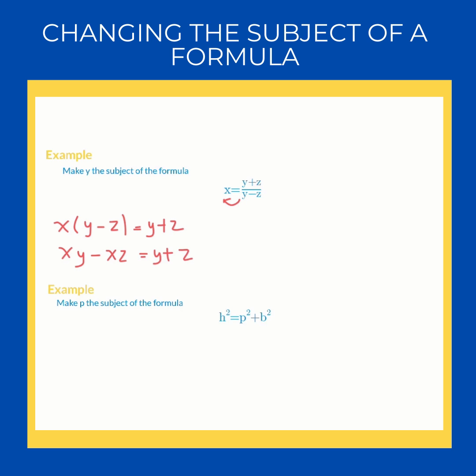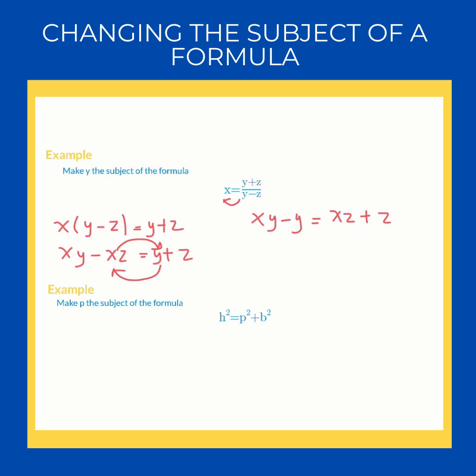Now to make y the subject, I'm putting all the y's on the left hand side of my equation. So I will move y to the left hand side and negative xz to the right hand side. So I'll get xy minus y equals xz plus z.